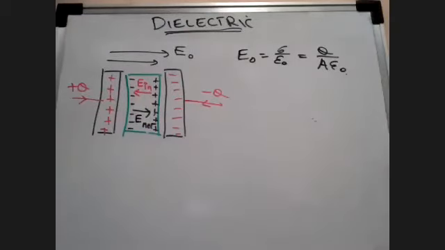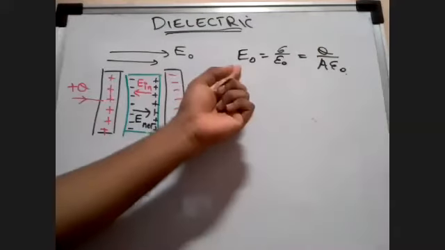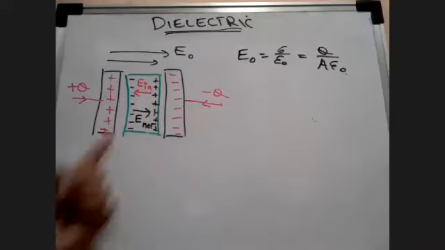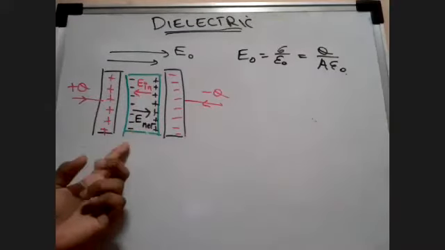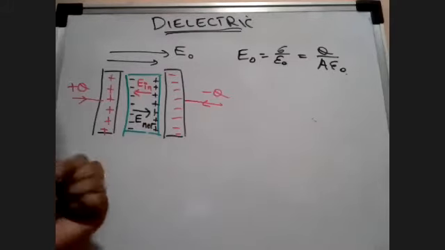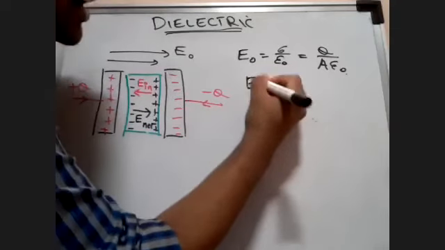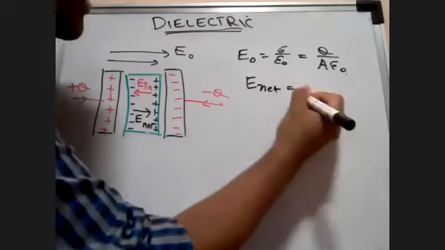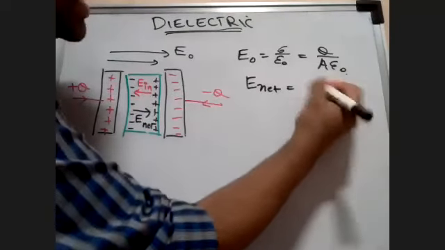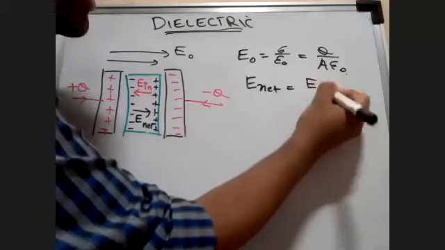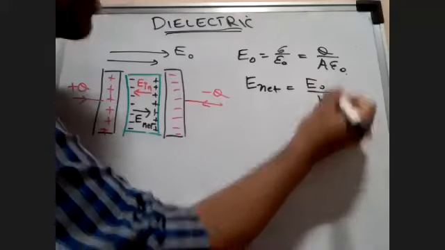The next thing was, if I know the external electric field's magnitude, can I find the magnitude of E net? Simply, as we did in the morning, E net is going to be the external field times a factor of 1 by k.